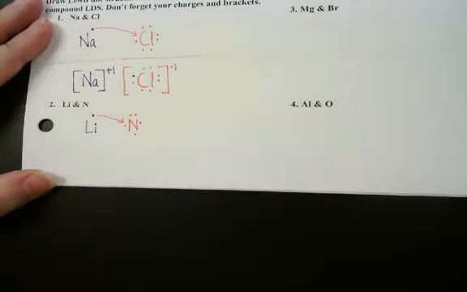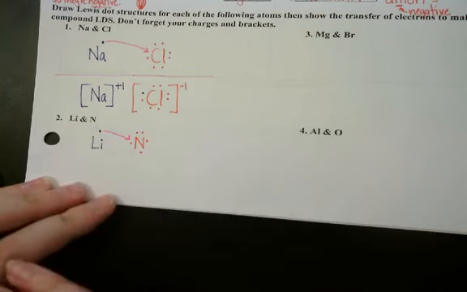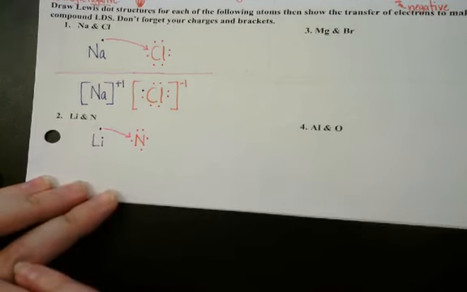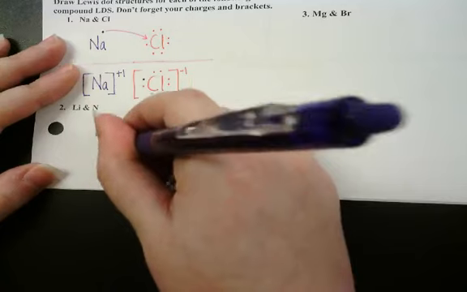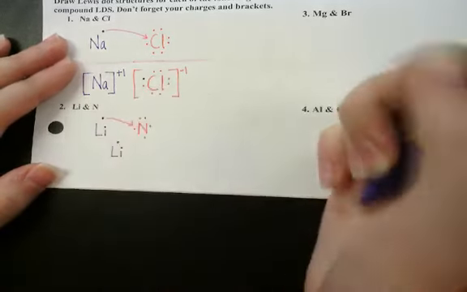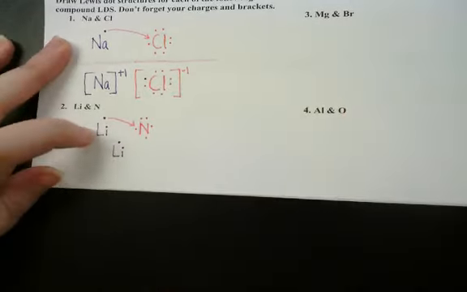We cannot add in a sodium here because we're only using lithium and nitrogen. Okay? And are we going to want to bring in a nitrogen? No, because the nitrogen isn't giving away, the lithium is. So for nitrogen to be happy, we need to bring in another lithium. Okay? It's going to look exactly the same as the original.